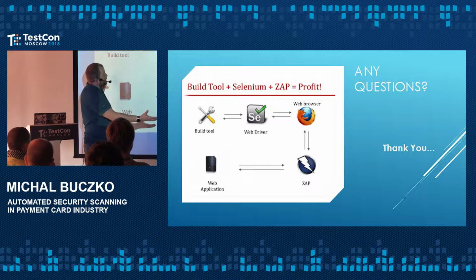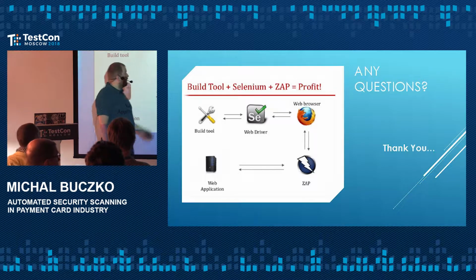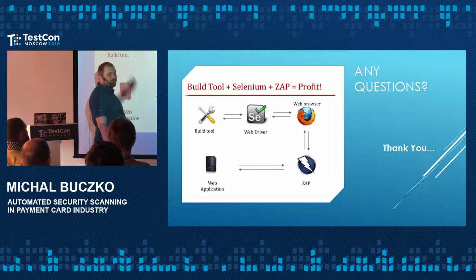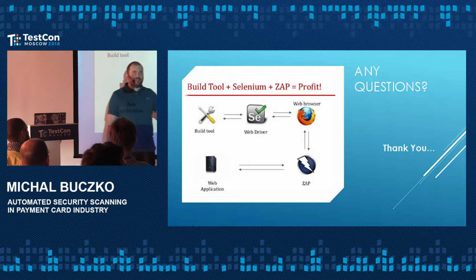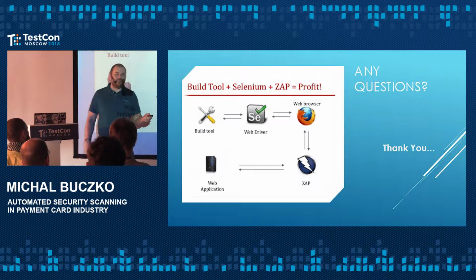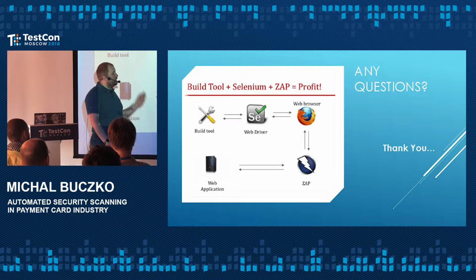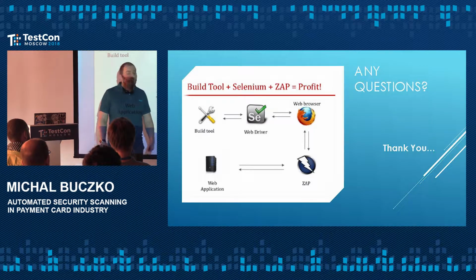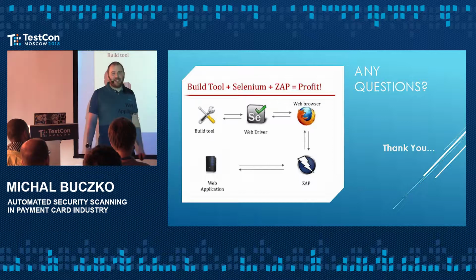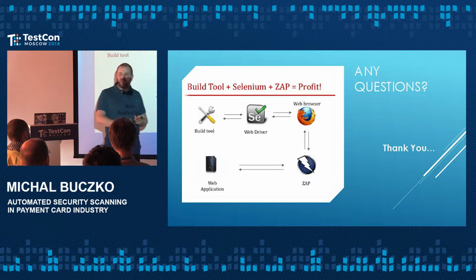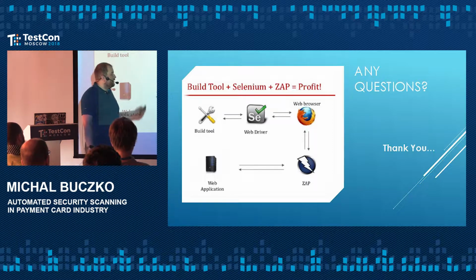At the end, this was the whole solution that was running on a weekly basis, giving us automatic results of the security scans. We were then checking it against the Confluence page with all the lists of known false positives, just double checking if there's anything new. And if there was, we then did manual security testing to see if it's a false positive or not, and then the fixing.